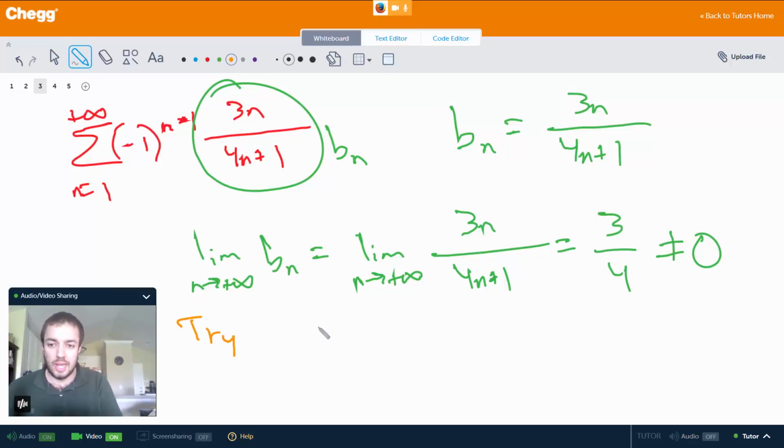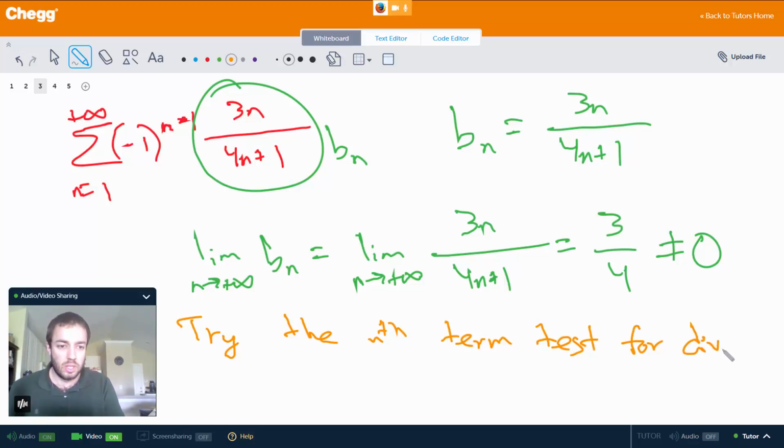So we'll try the nth term test for divergence. What we want to do is, for this entire series here, so let's look at n equals 1 to infinity, negative 1 to the n minus 1, 3n over 4n plus 1.